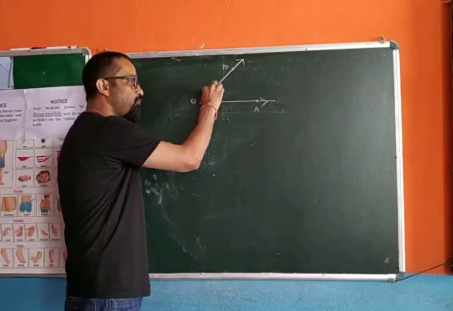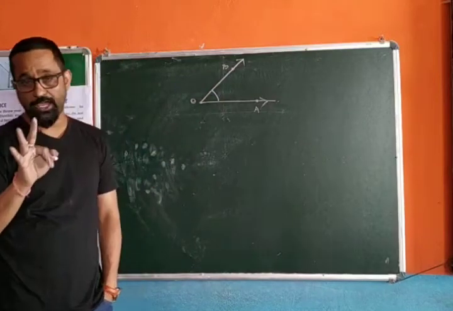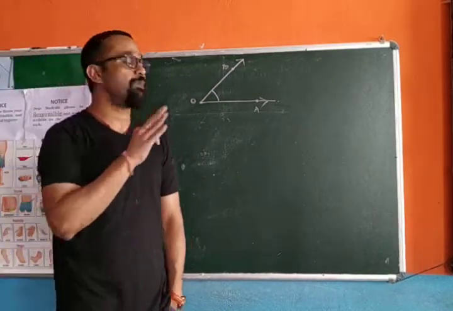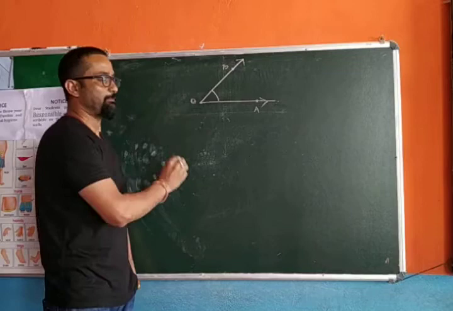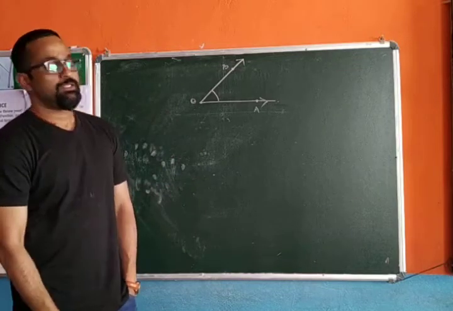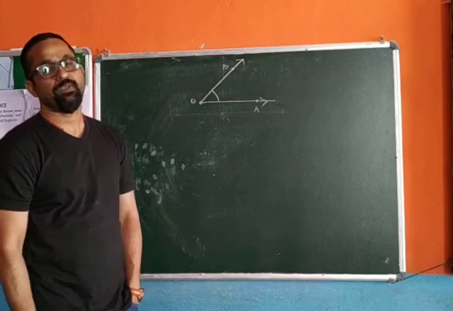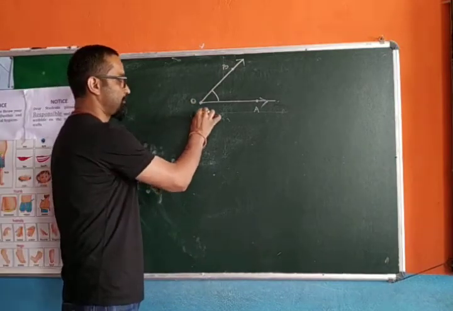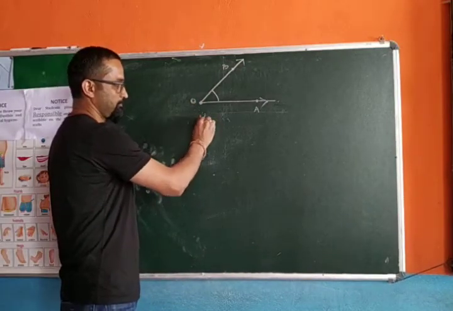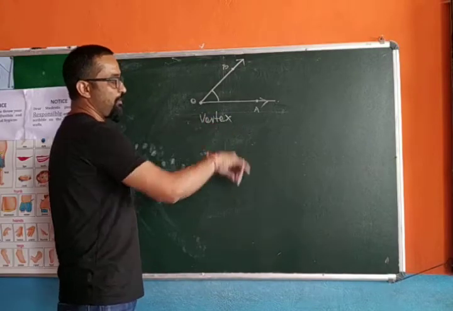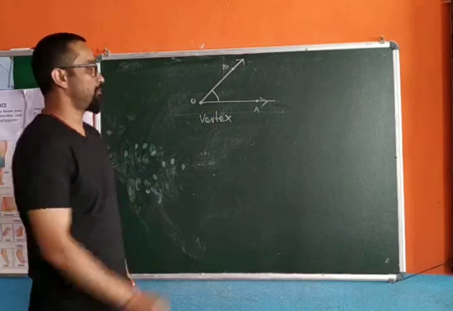So an angle is formed by two rays starting from a given point. This O is called the vertex of an angle.